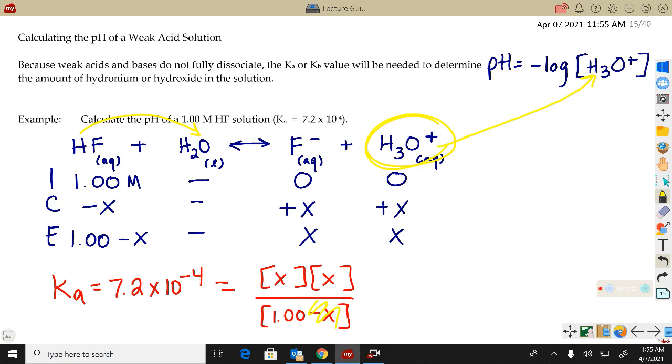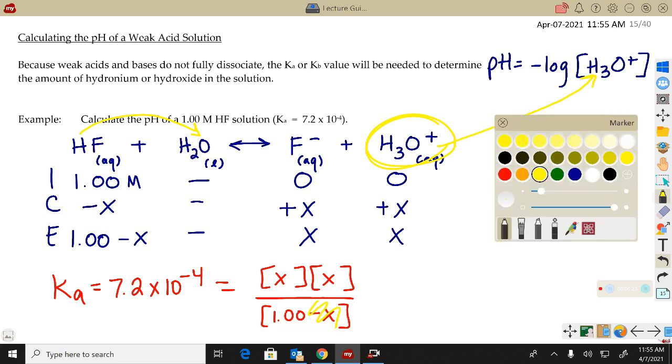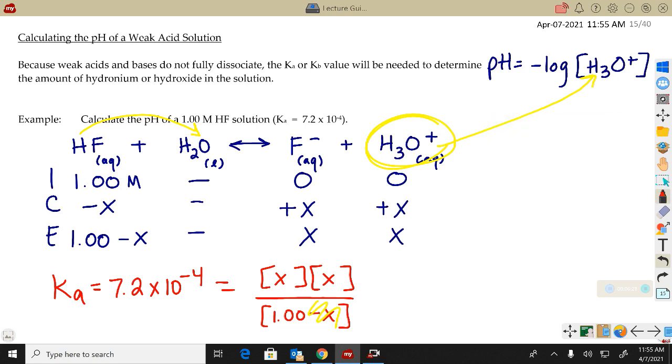So let's ignore the minus X, which makes your math a lot quicker, because now all I need to do is cross multiply, and then we'll take the square root. So I'll have 7.2 times 10 to the negative 4th times 1 equals X times X, or X squared.